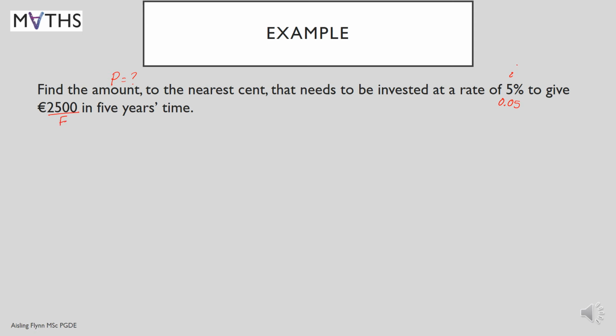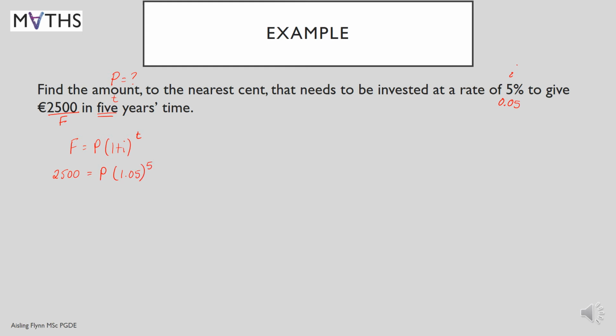That's F. So we'll start as before by writing the formula. And 5 years, that's our T. Now let's enter the figures that we do have. 2,500 equals P, which we don't know, times 1 plus I, so 1 plus 0.05, and we're going for 5 years this time.